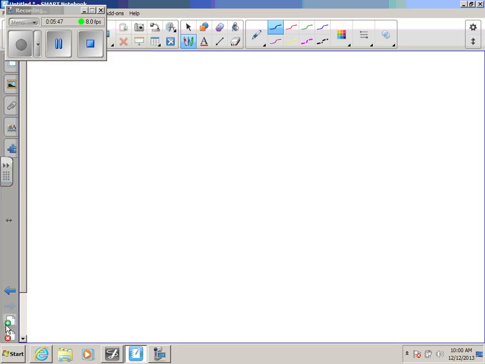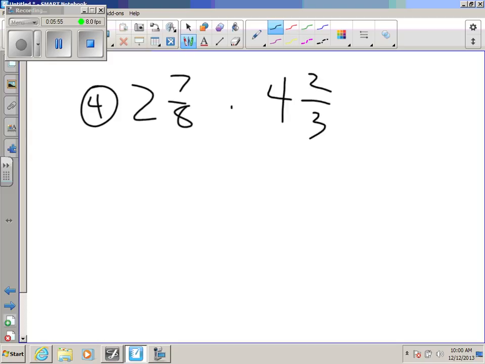Yes? 2 and 7/8 times 4 2/3. So again, rounding to the nearest whole, as I look at 7/8, how is that in relation to half? Is that less than half or greater than half? Greater. So if it's greater than half, what happens to the 2? It goes up to a 3. Times 2/3.